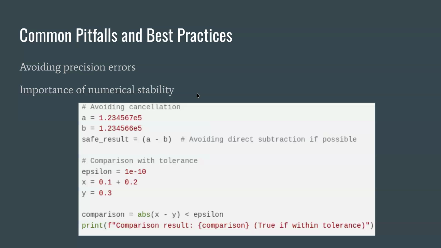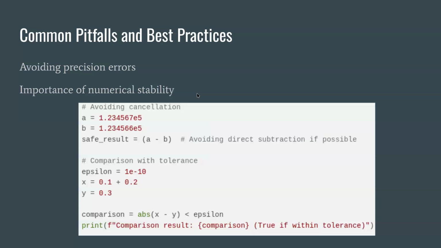Common pitfalls and best practices. In order to avoid precision errors and ensure numerical stability, it is important to follow best practices. You want to avoid subtracting nearly equal numbers to prevent cancellation errors.